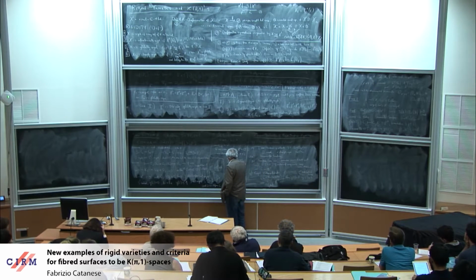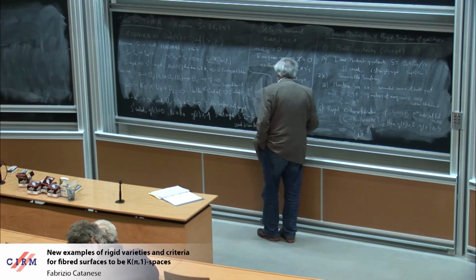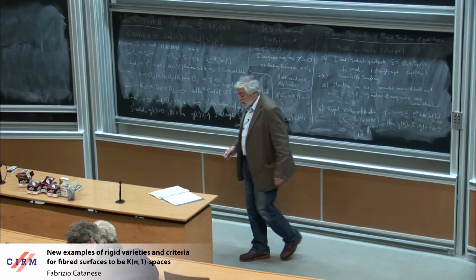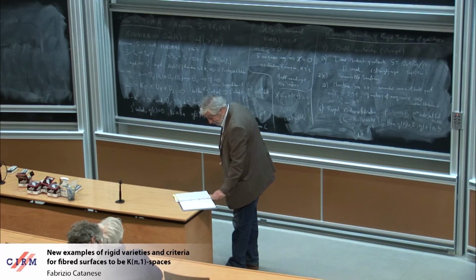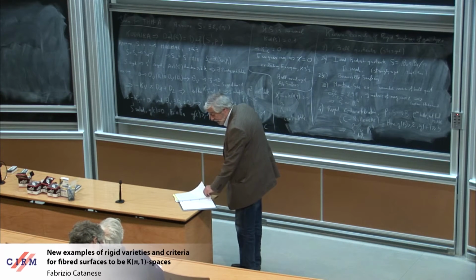Remember that X being a K(pi,1) means that the universal covering is contractible. So now, what are the new examples?